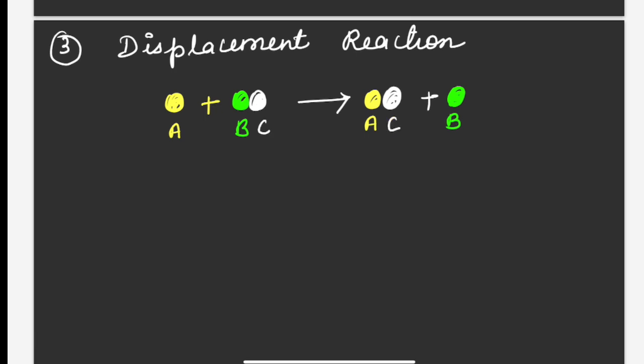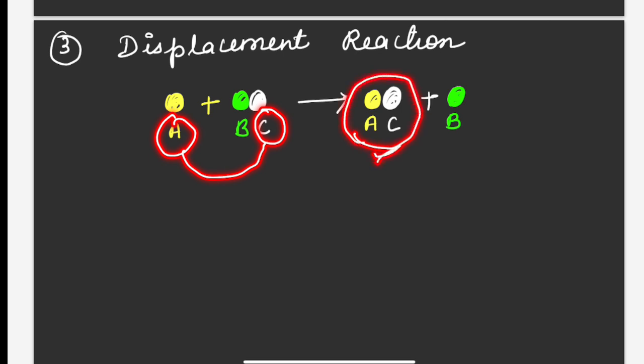Observe what is happening here. A I have taken and I have made it react with BC. B is displaced from here, and in place of B, A will come and combine. You can see A is combining with C, so in the product AC is formed.